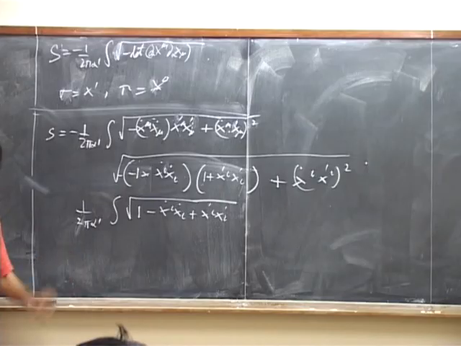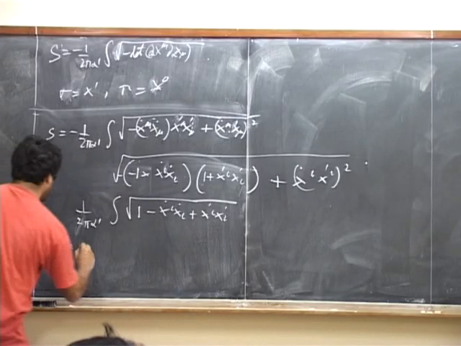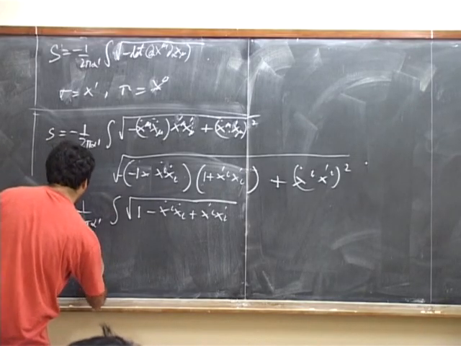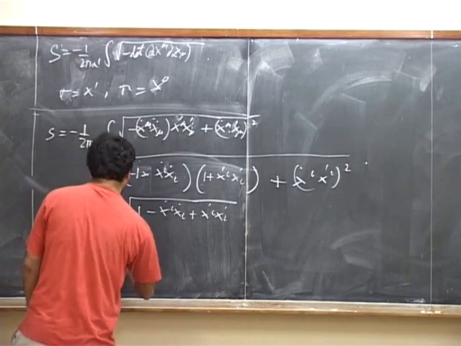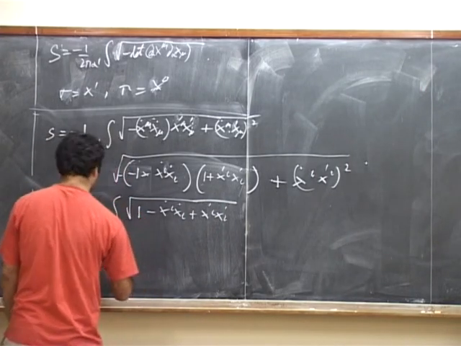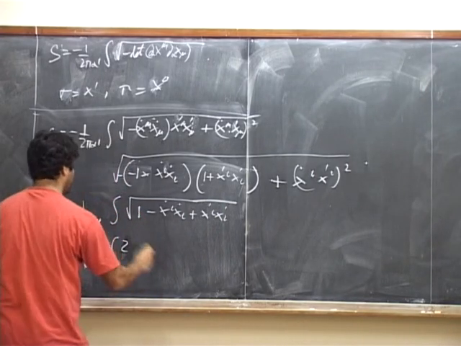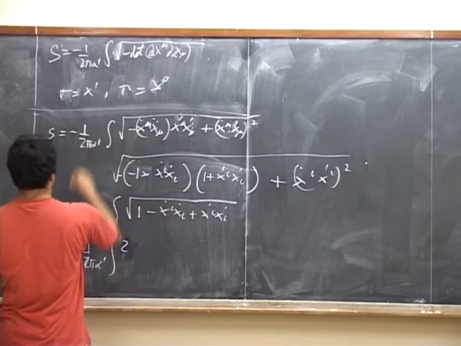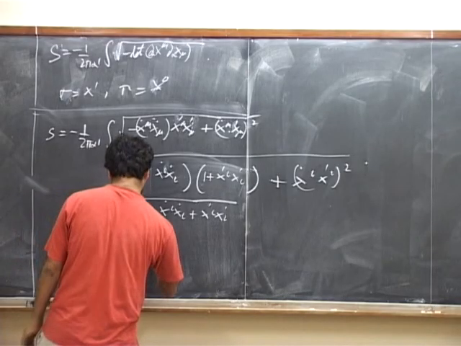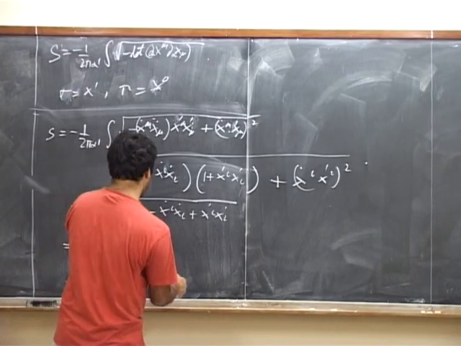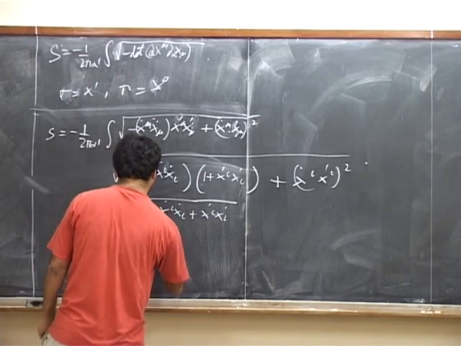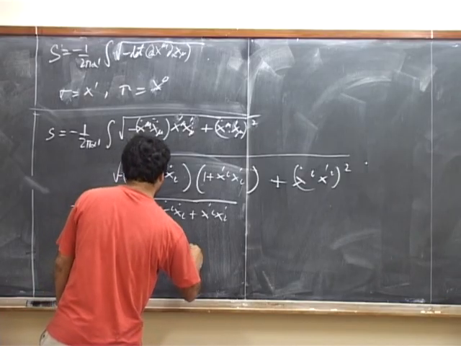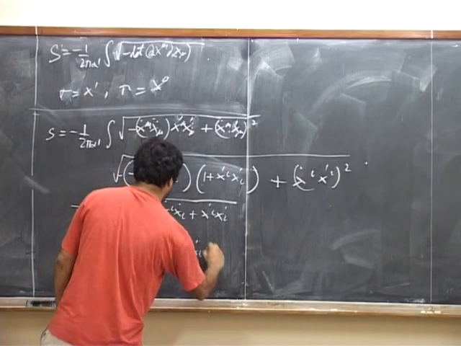If I put in the square root, 2, which is equal to 1 by 4 pi alpha prime into the integral of 2, and I'm drawing my minuses, minus, and this is now minus xi dot xi dot plus xi prime xi.